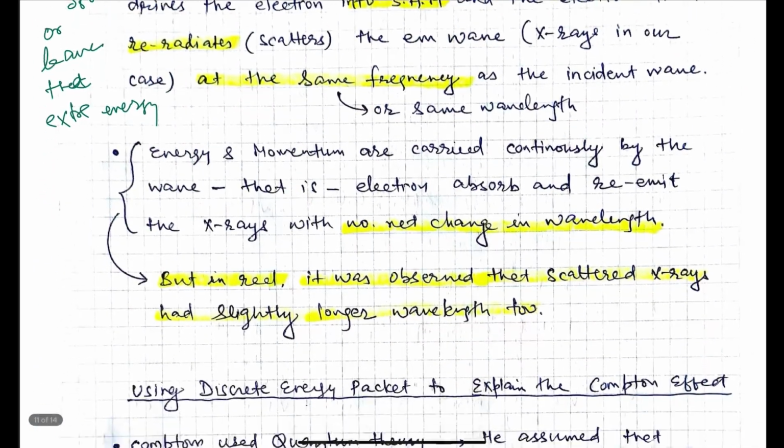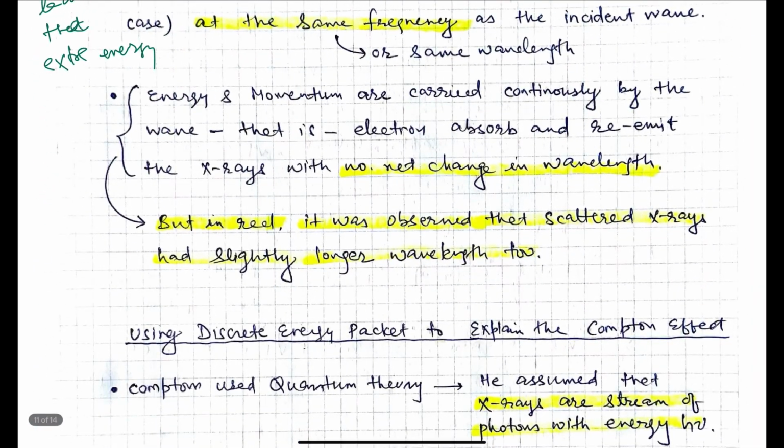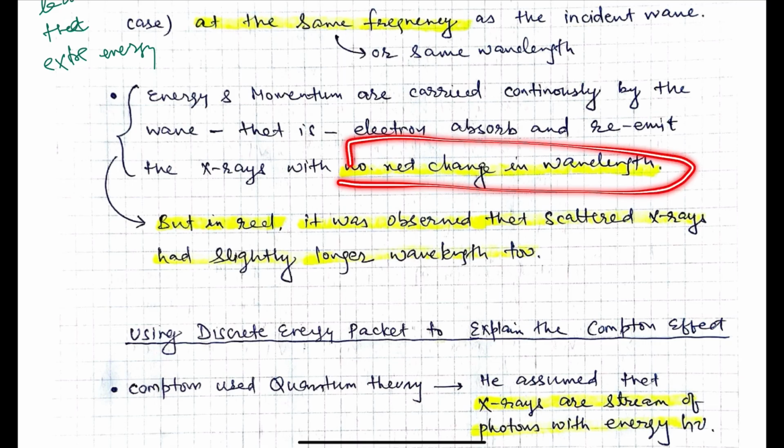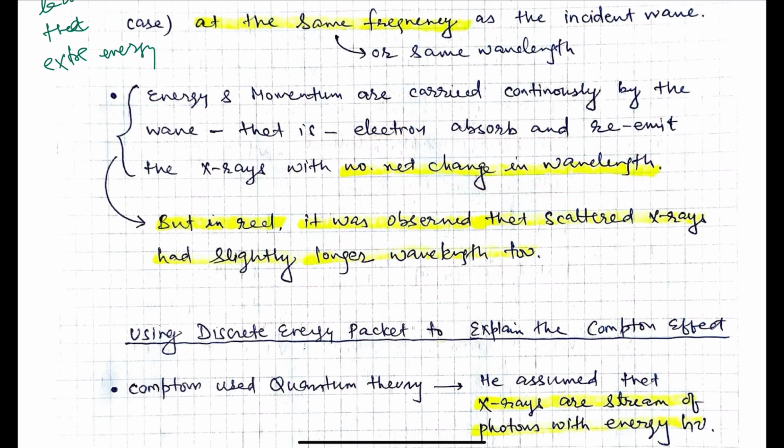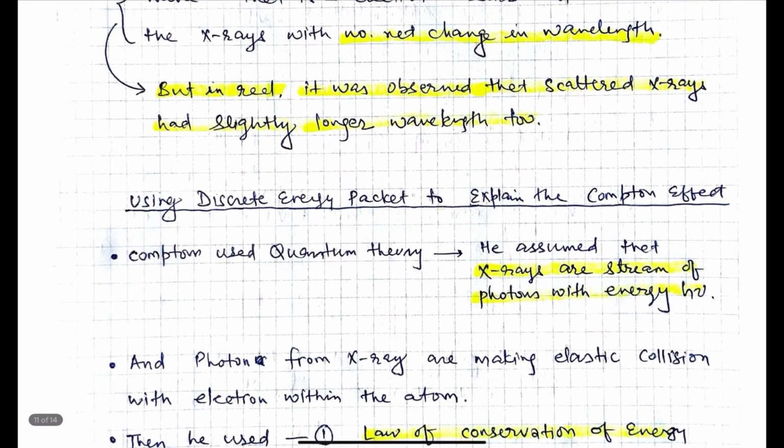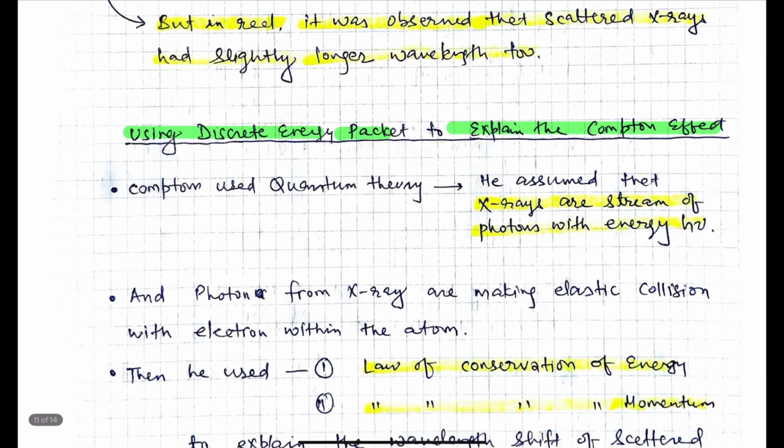So that is where we are again going to bring in the quantum hypothesis. We know that in reality it was observed that the scattered X-rays had slightly longer wavelength too, apart from the unchanged wavelength. So we are again going to bring in the quantum hypothesis, that is, using the discrete energy packet to explain the Compton effect.